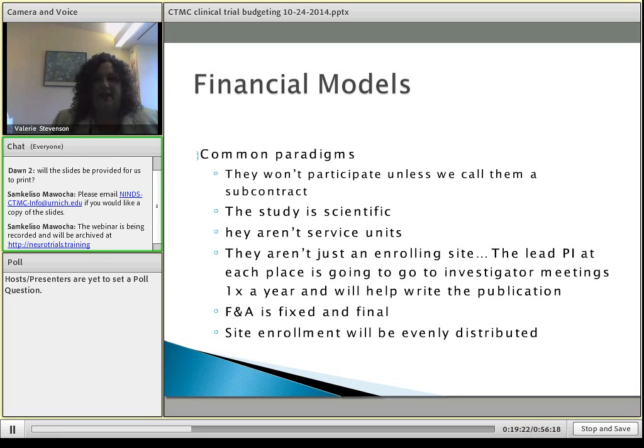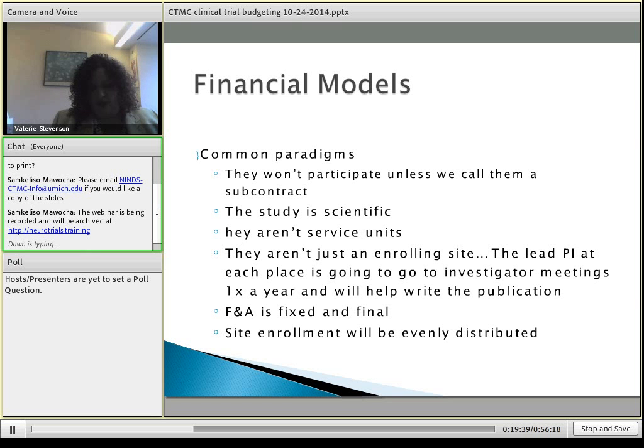At the time, many institutions were confused by the type of agreement because they weren't vendors or procurement agents. They were scientists, and they didn't understand why they were looking at a vendor agreement versus a subcontract.